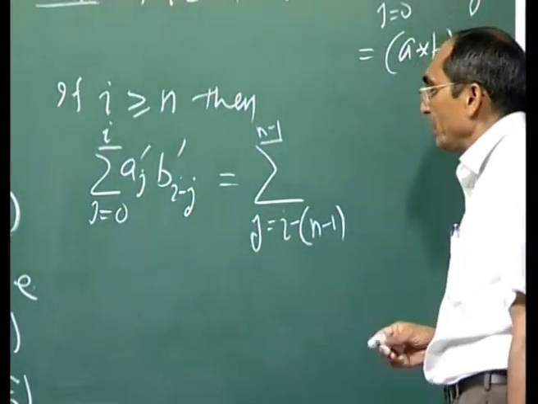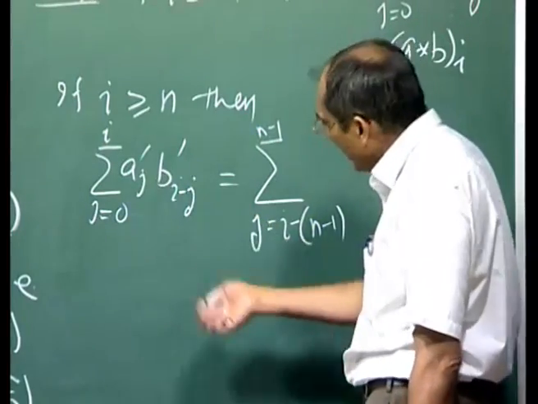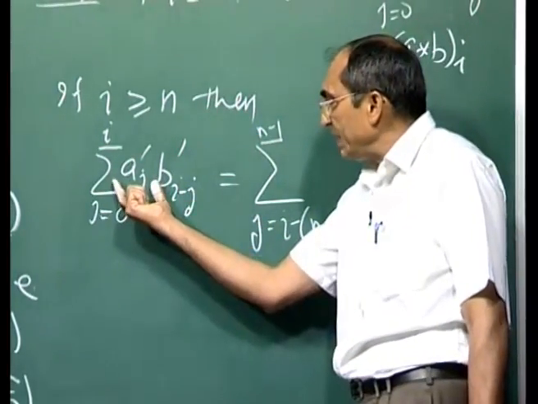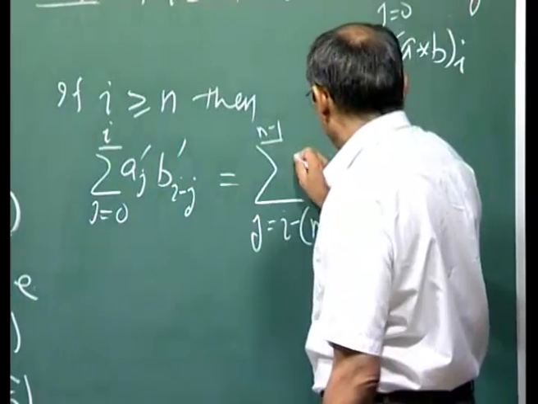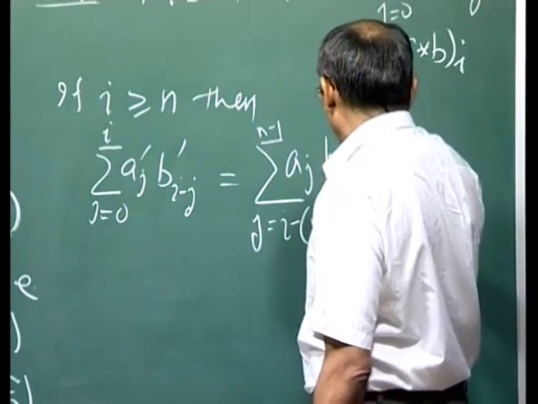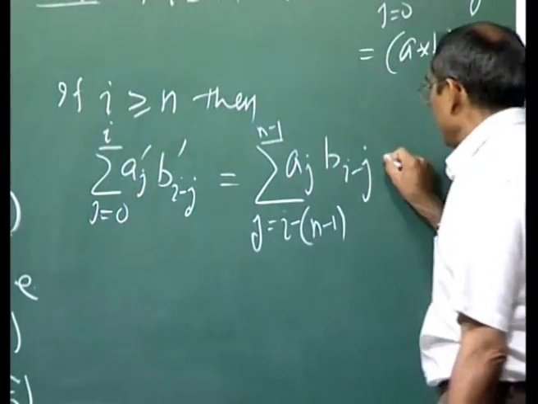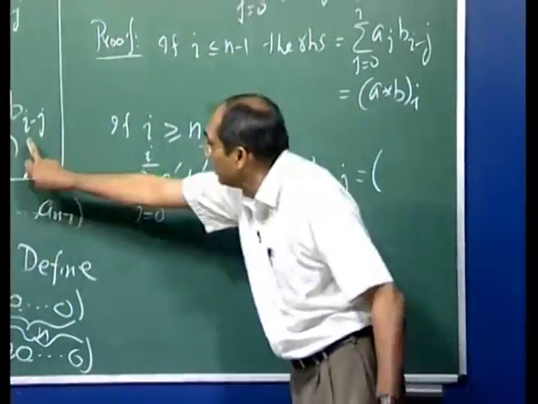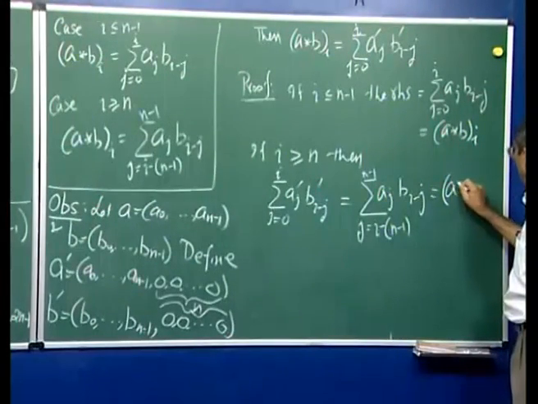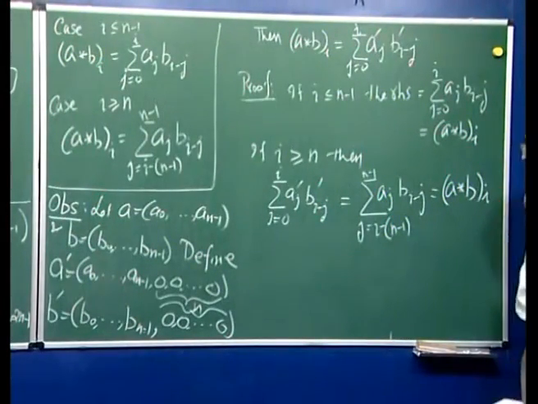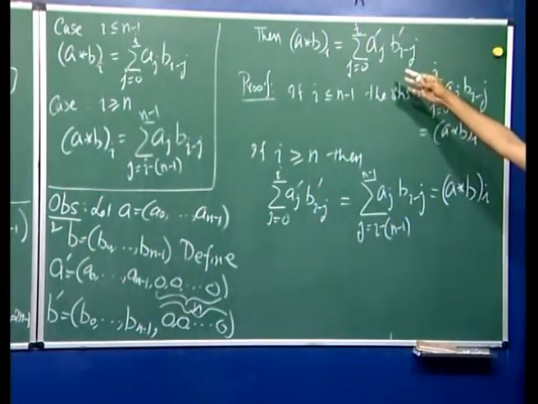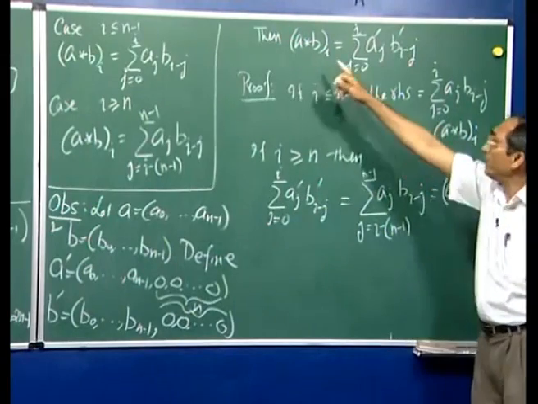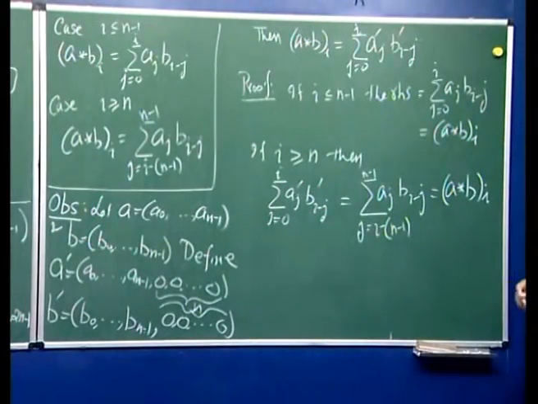Now, of course, both these terms are non-zero, and when they are non-zero, then A prime is A and B prime is B. So, this becomes A_j B_{i minus j}, which is again, as we see, exactly the same. We are getting this. So, we have now a single expression for the convolution of the two vectors.